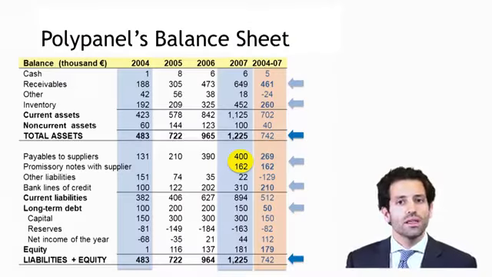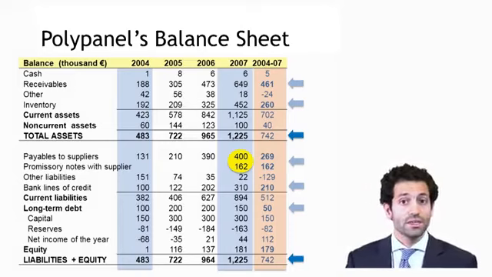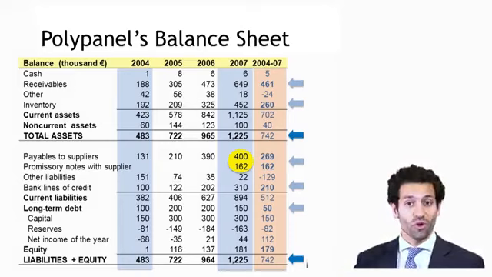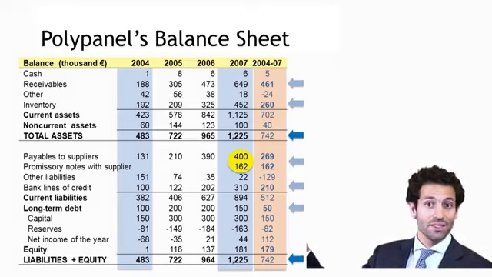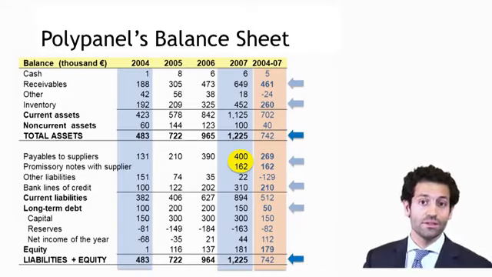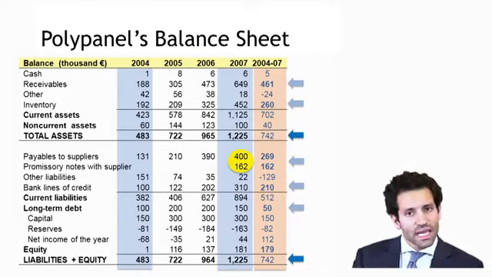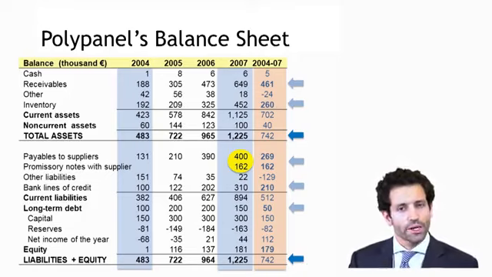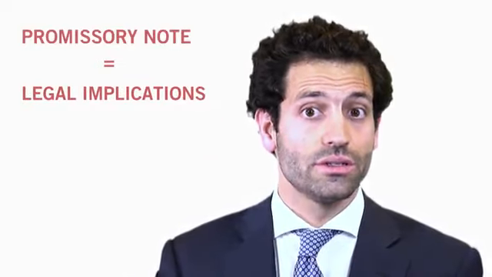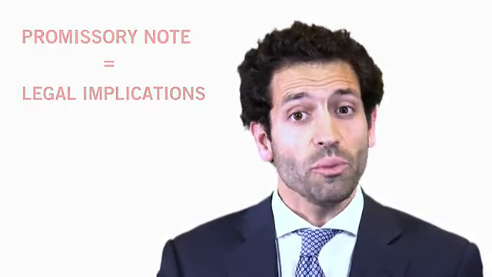But then you could say, if it's money that you owe your suppliers, what is the difference between the normal payables, suppliers, and the promissory notes? Well, the difference is subtle, but it is very important. The promissory notes have strong legal implications, which means that if you don't pay your bill on the due date, you can go to court.